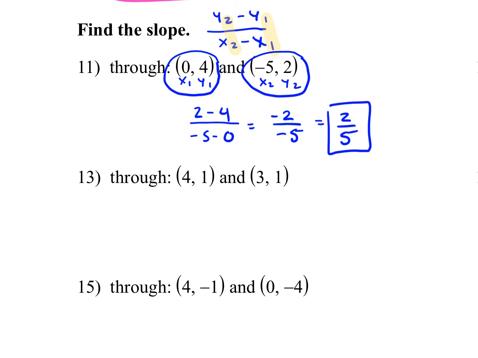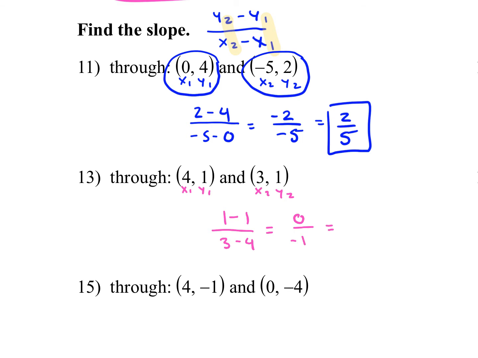Any questions there? All right, 13, we're doing the same thing. I have x1, y1, x2, y2. So what goes on the top? 1 minus 1. What goes on the bottom? 3 minus 4. What's 1 minus 1? And 3 minus 4? Negative 1. What happens when 0 is on the top?